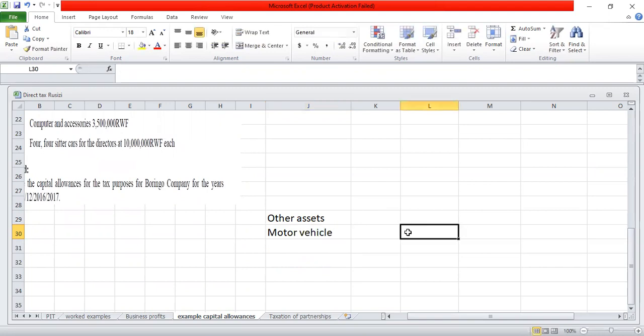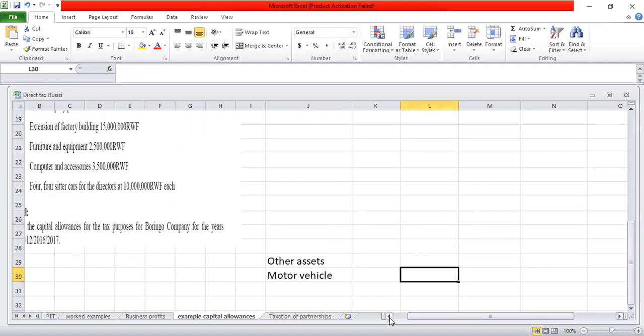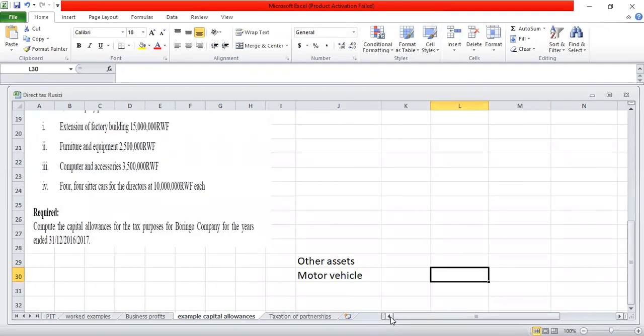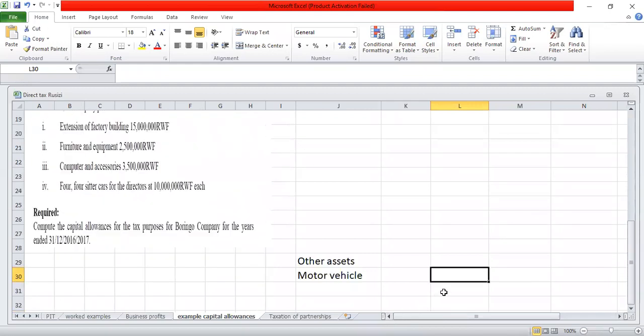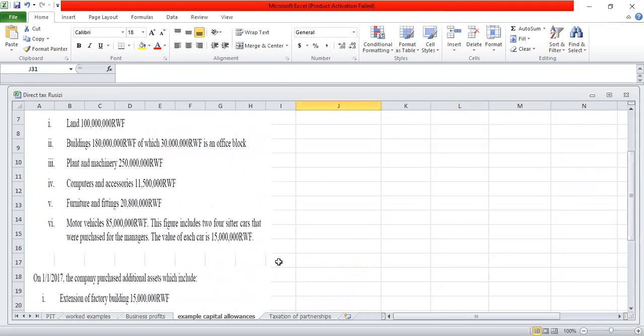And the motor vehicle is how much? The motor vehicle is 85 million. But they have told us it includes 2 4-seater cars that were purchased for the managers.